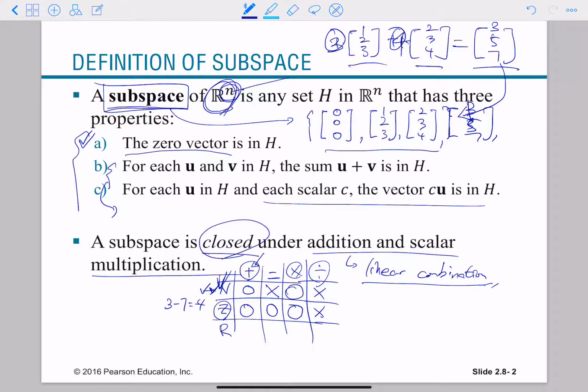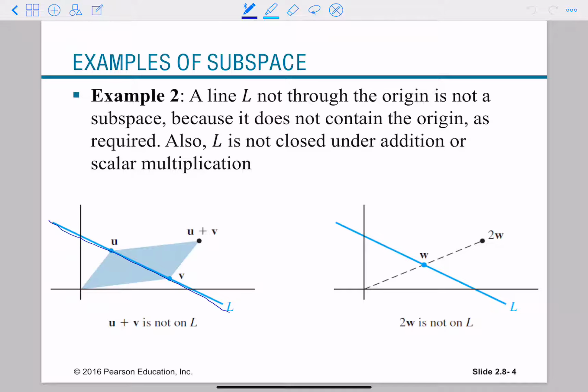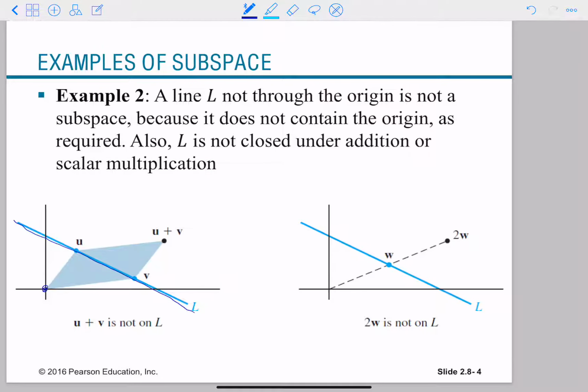And so being closed under the linear combination should contain the zero vector by default. Okay, so the first condition is actually included in the second and the third condition. So in this case, because it is not containing the zero vector, it is not a subspace.